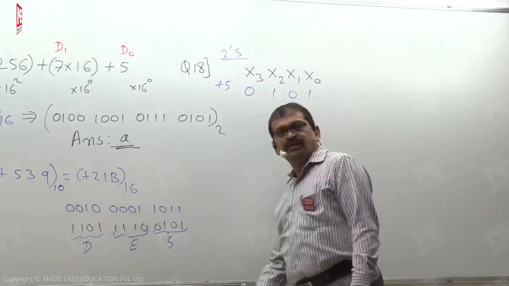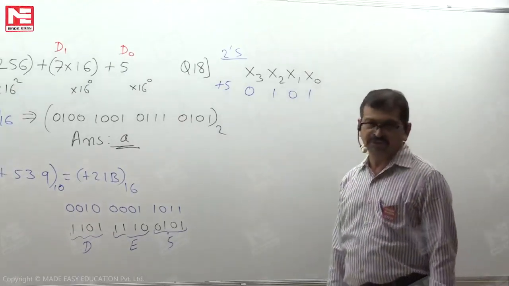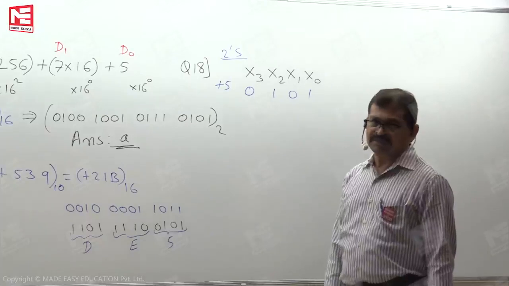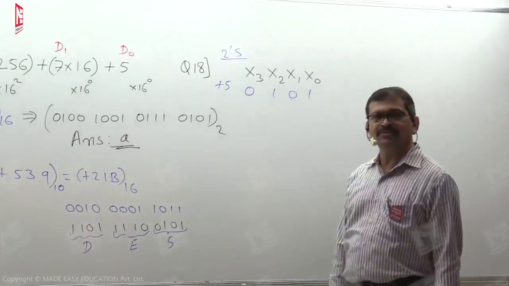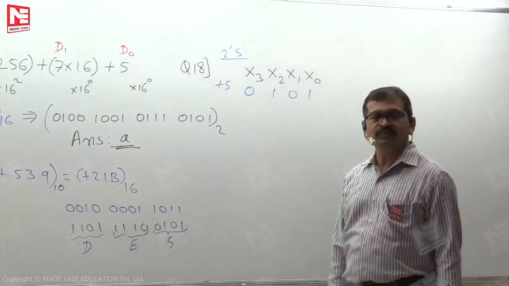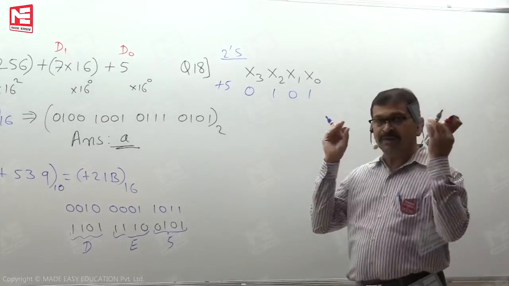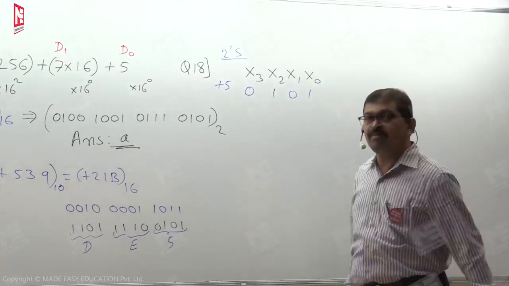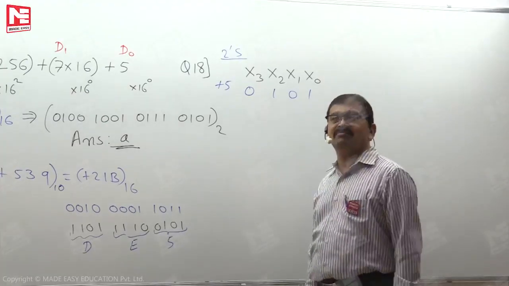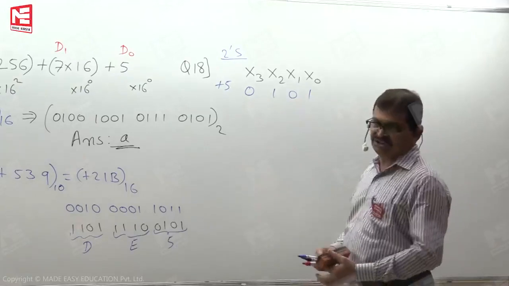Don't get confused. I said already, when the numbers are positive numbers, the true magnitude, sign 1's complement, and sign 2's complement are one and the same. So whenever the numbers are positive, no need to perform any complement operation. The complement operations we need to perform whenever the numbers are negative. Once it is a positive number, it is as it is.